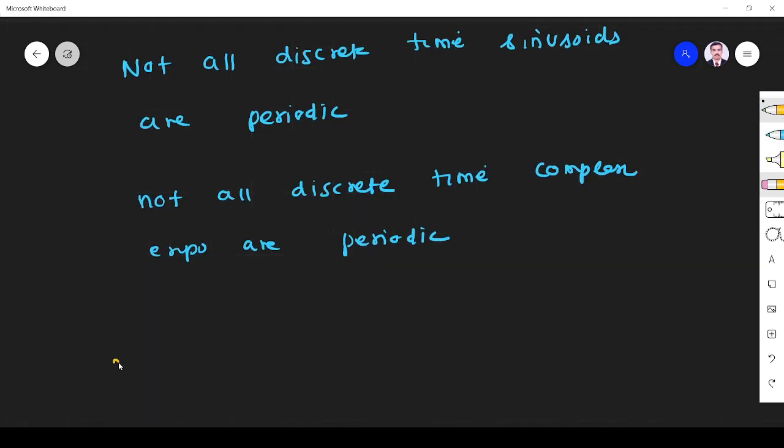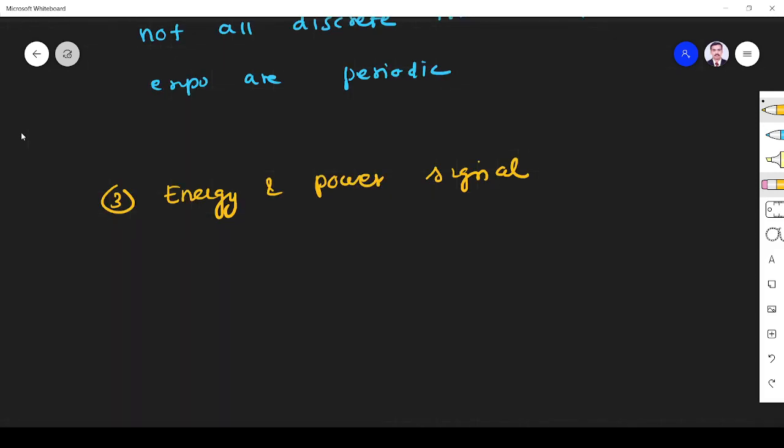And the third classification is energy and power signals. This is a very, very important point. A signal is called an energy signal when energy is finite, that is not infinite, and power is equal to 0.